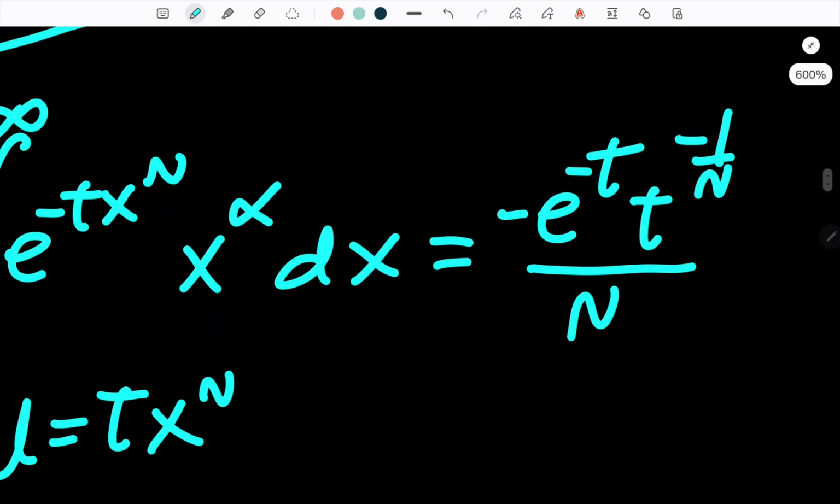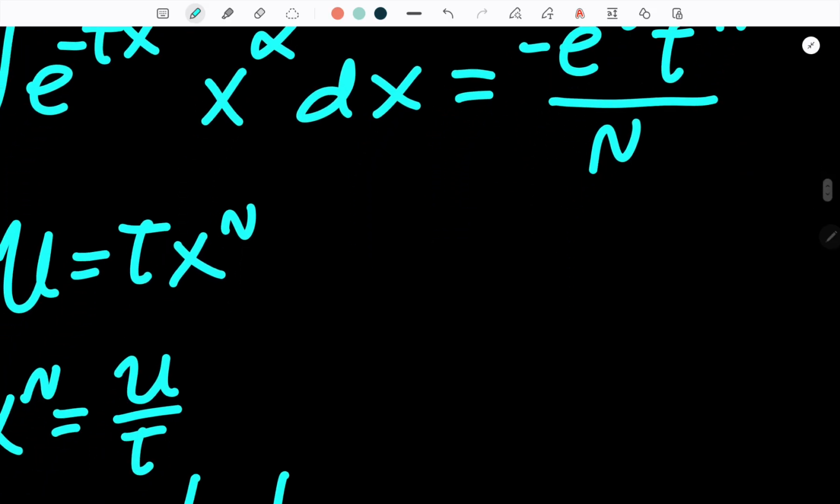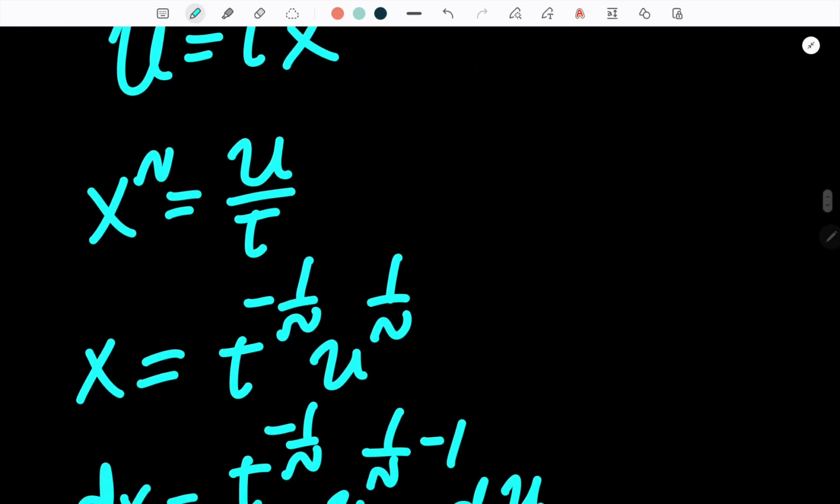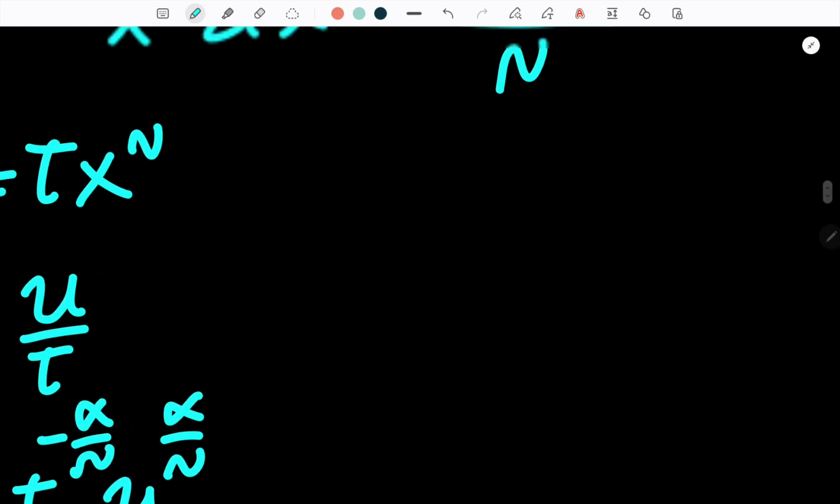Now, another thing, we notice we have an x to the alpha term right here. And we recall that x is equal to this guy. So now we just need to raise both of them to the power of alpha. And then we'll have a negative alpha here and just a positive alpha there. And since t is a constant, we can bring it out.